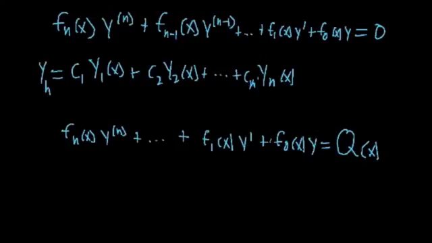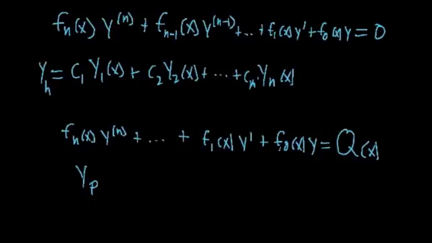So if q of x and all these functions are continuous, then we can go ahead and try and find a particular solution that satisfies this differential equation. Essentially, when we plug the particular solution into the differential equation, most of the functions cancel out, but we're left with this one function q of x.